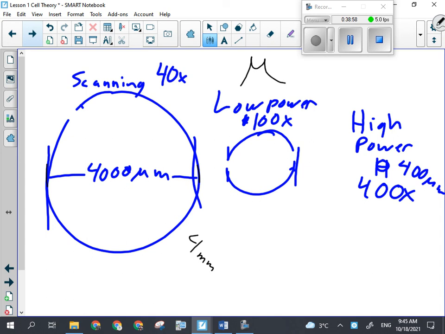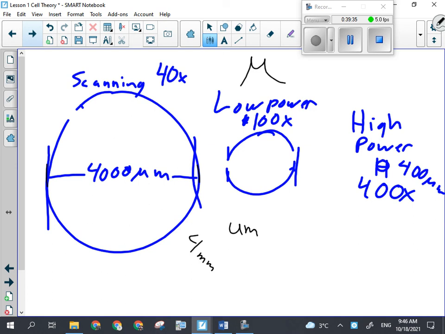You can find that symbol if you go to insert symbol in Google Docs, or I will accept if you write a U. So you can use UM, or you can find the mu symbol and insert it. It's up to you. I'll accept either one. Just don't put millimeters, because if you tell me this amoeba is 4,000 millimeters, you're telling me that you have a 4-meter amoeba, which you do not have.